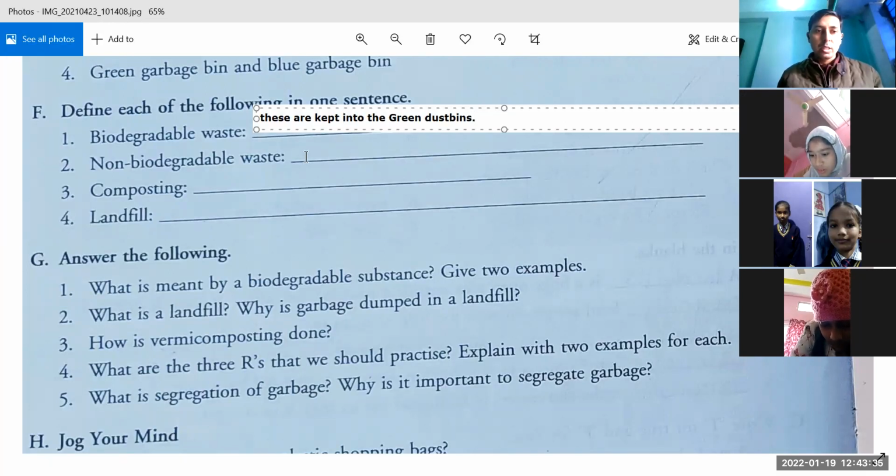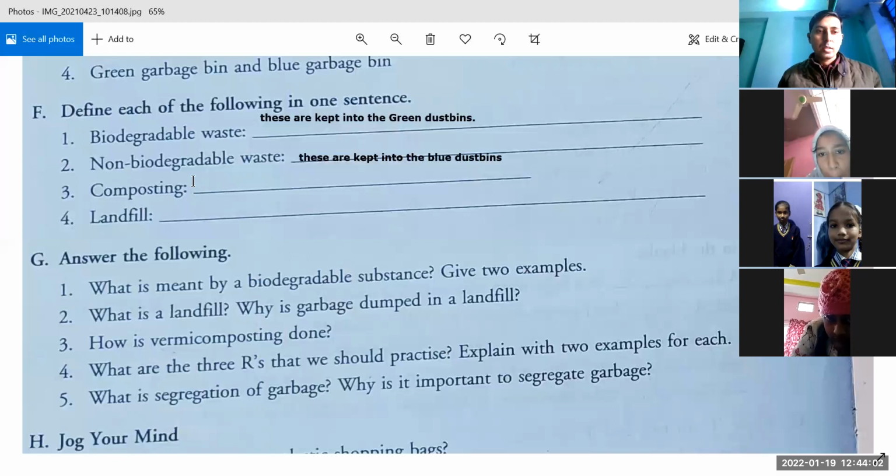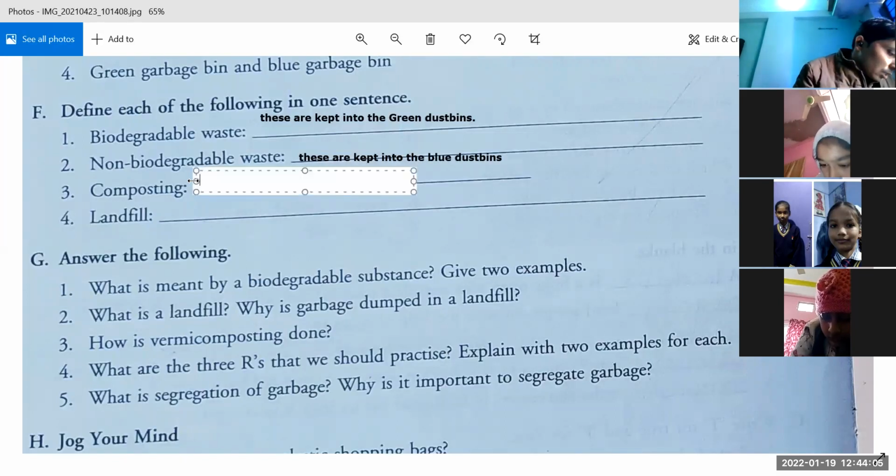Then we have non-biodegradable waste: these are kept into blue dustbins. Composting: the answer is given in the keywords.